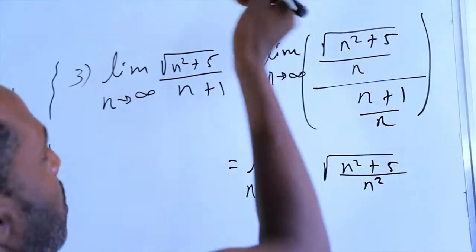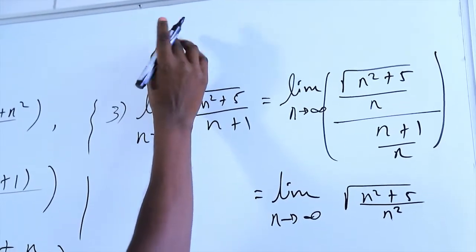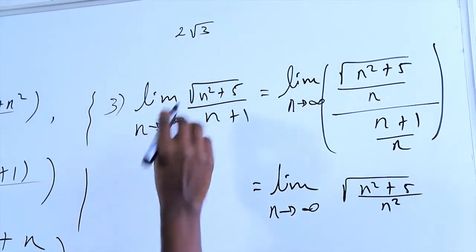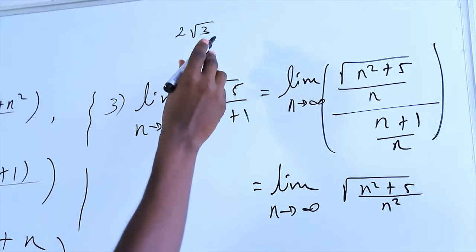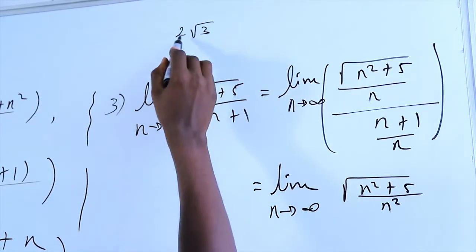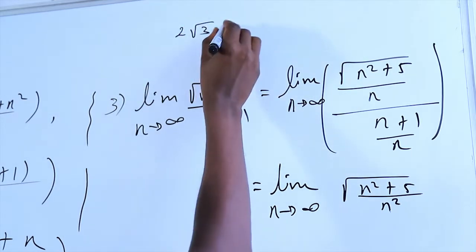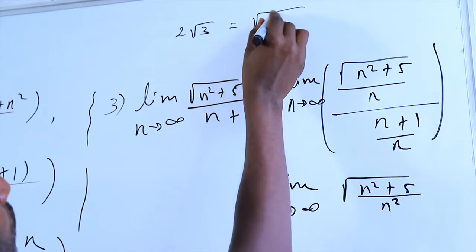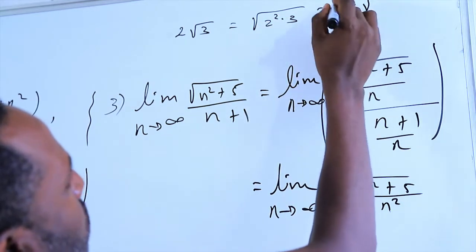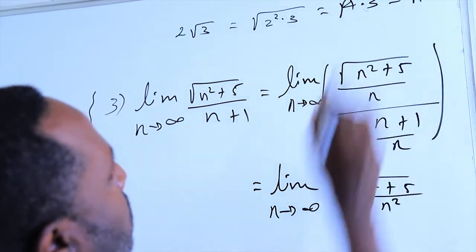For example, 2 times radical 3: when we want to enter this number 2 inside the root, it must be squared itself first, which equals the square root of 2 squared times 3, which is simply 4 times 3 equals 12.